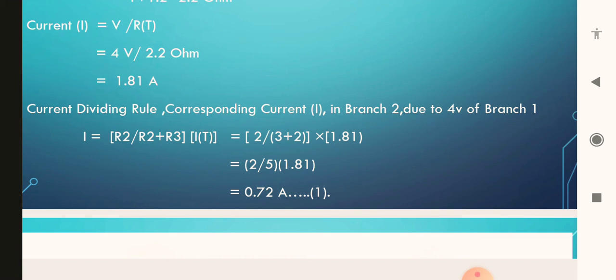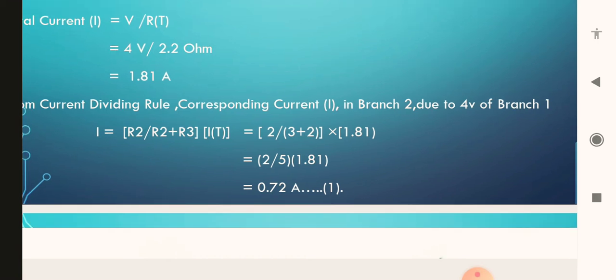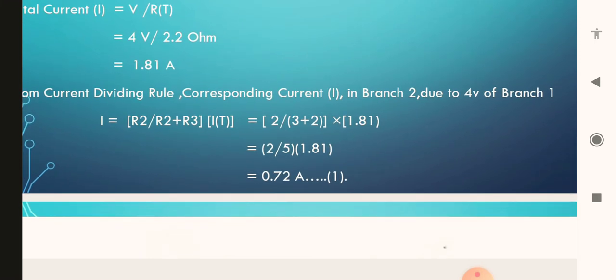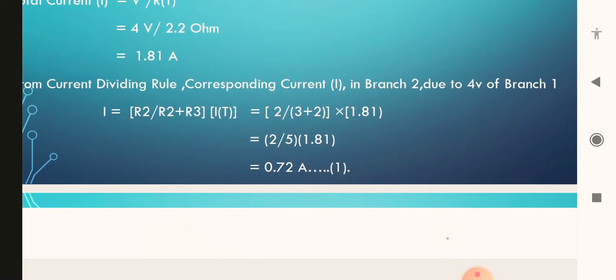Now according to the current dividing rule, we find the current I in branch 2 due to the 4 volts of voltage in branch 1. Because of the voltage, the current is generated in branch 2. According to the current dividing rule, I equals R2 by R2 plus R3 into the total current, where the middle resistance between the voltage and current is the second resistance, 2 ohms.